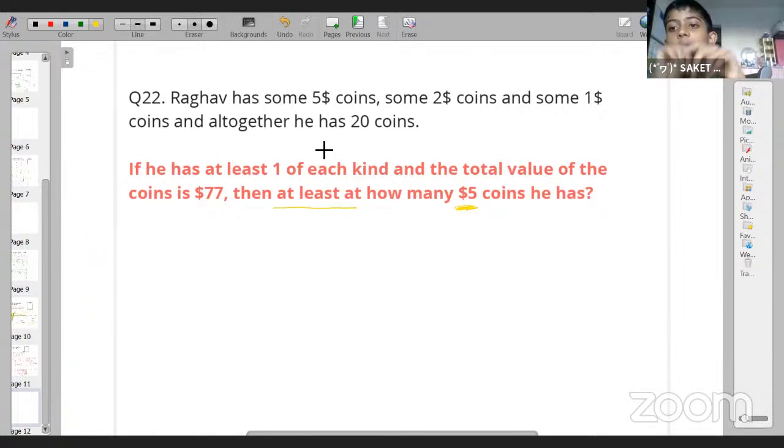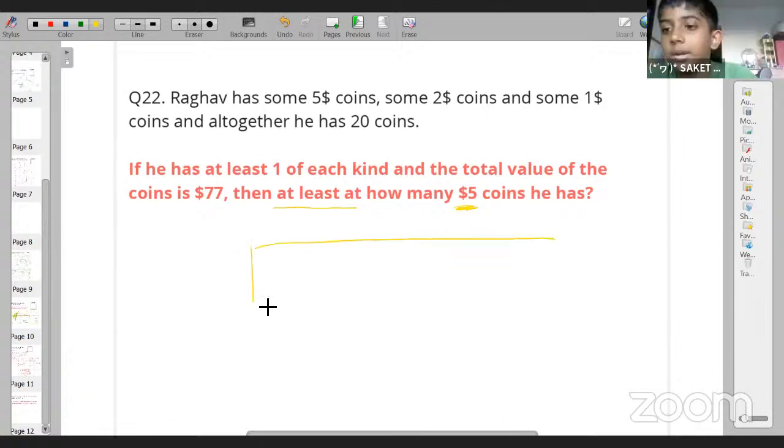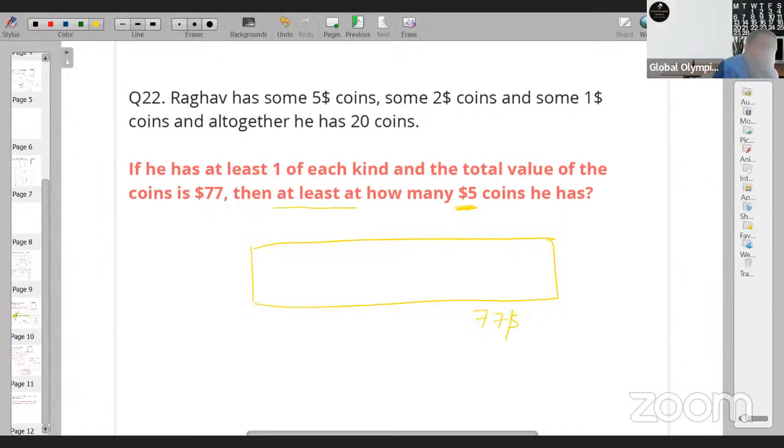Why? Because $2 is greater, that means it will take greater space of that $77, which will give less number for $5 coins. You are absolutely correct. So you have a finite space of $77, right? And you have a finite number of coins also.